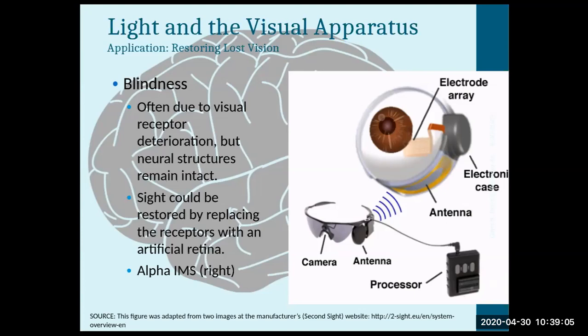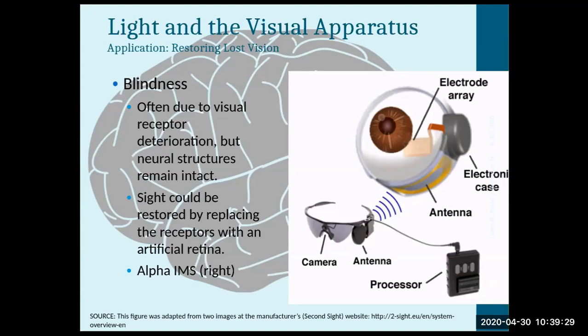If the problem is that the signal can't get through because the rods and cones can't transduce the signal, or because the optic nerve is damaged in some way, then much like the cochlear implants, there is a way to restore vision, called the Alpha IMS.